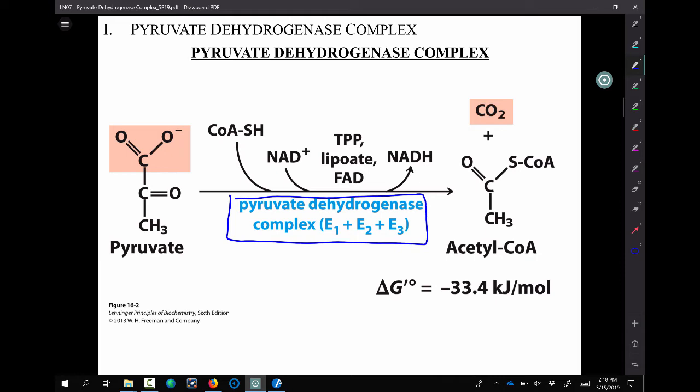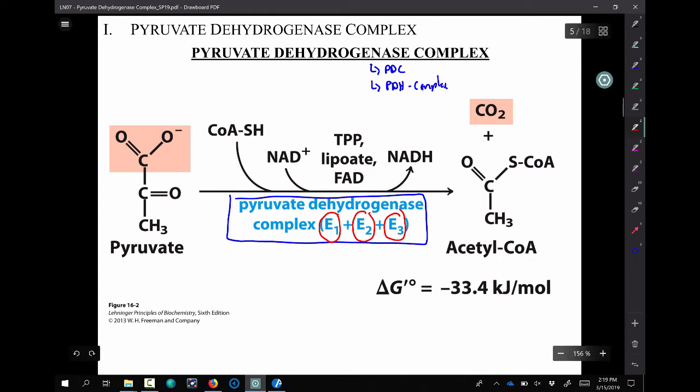So this pyruvate dehydrogenase complex will sometimes be called PDC. You'll see that abbreviation certainly in the literature. Others will abbreviate it PDH complex. Those are fine. As I mentioned, it's really 3 enzymes in one, and those enzymes go by the names E1, E2, and E3. We'll look at the architecture of those in just a moment.